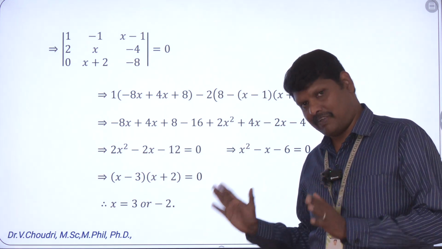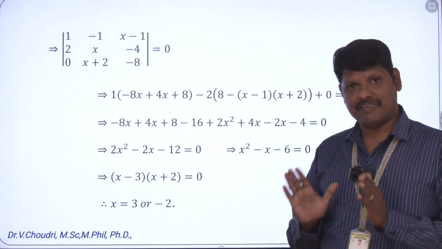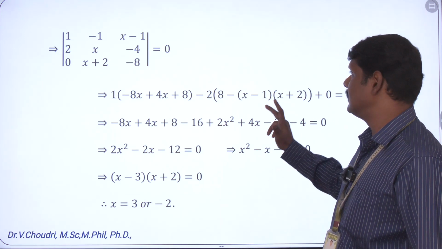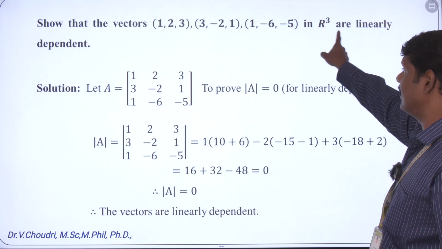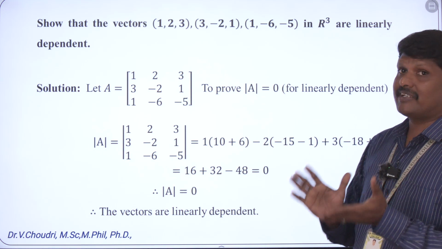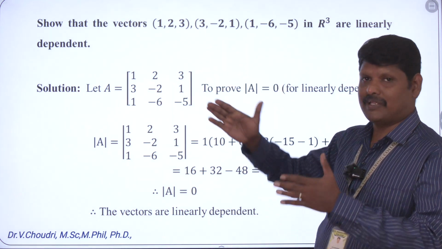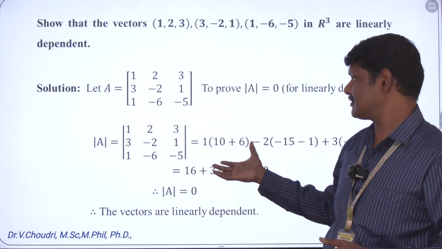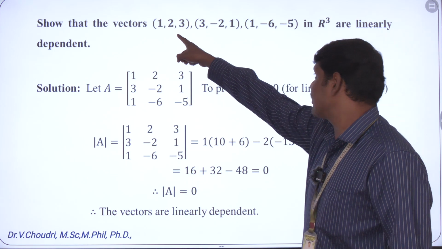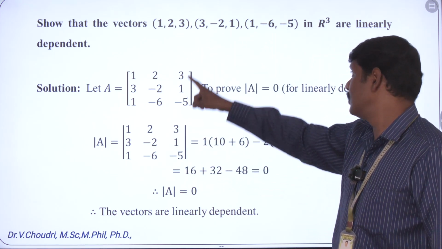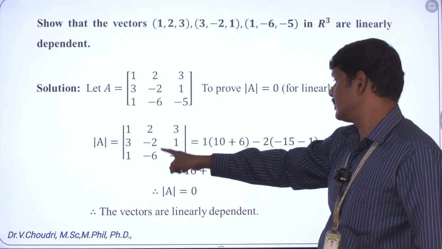Clear? So in this method, the determinant concept is very useful. Second, show that the vectors are linearly dependent. Each and every time we are not applying the original method. In this case, let me show how we use the shortcut method. Arrange all the vectors in the determinant: 1, 3, 1.